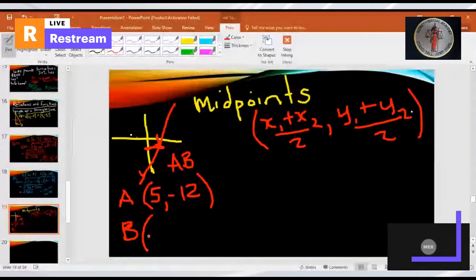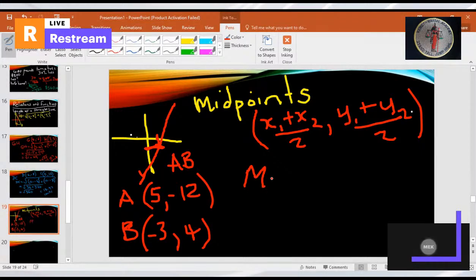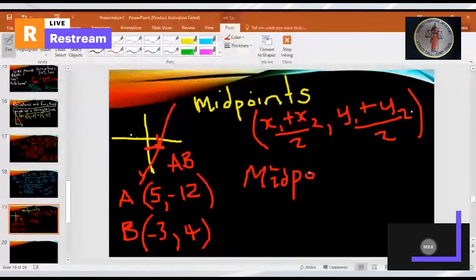The midpoint, capital M, or you can write out the word midpoint, not to be confused with what we're going to do next, the gradient, which has a common M representing the gradient.